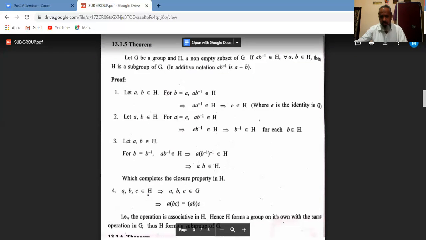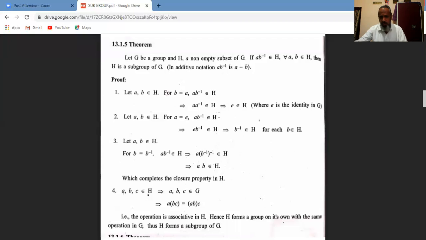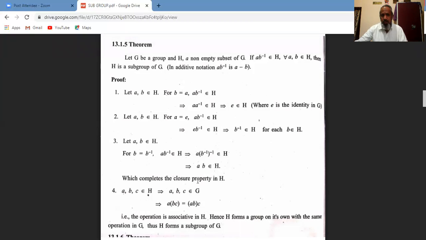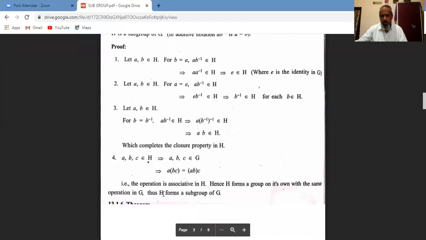By taking this condition, A, B belongs to H, A B inverse belongs to H, and we are getting every element in H possesses its inverse. And by taking B is equal to B inverse, and with this condition, we are proving H has the closure property. Similarly, we have proved H has the associative property.